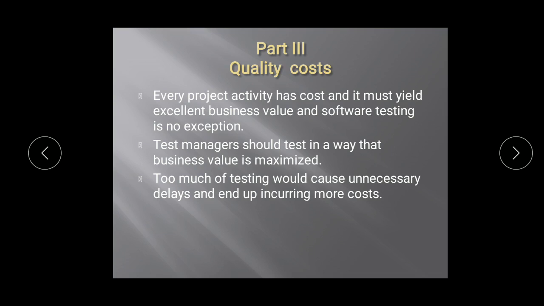It has 4 major topics as I recollect: defining quality cost, then types of quality cost, then quality cost measurements, and the last topic is utilizing quality cost for decision making. So these are the 4 topics which we will cover in part 3, and then we'll end this syllabus of software testing and quality assurance.